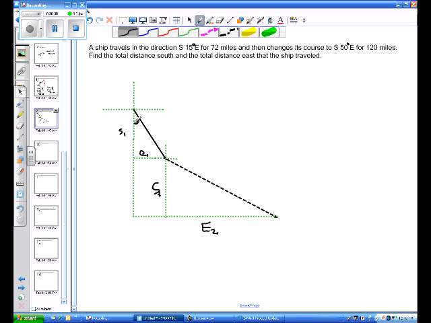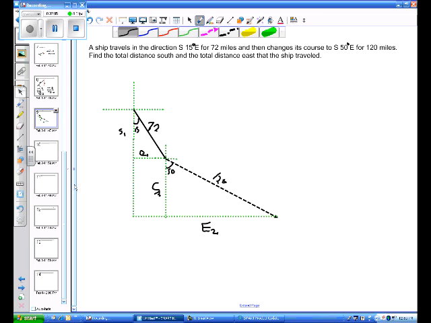Now for this one, we know that this angle was 15 and this was 72. For this triangle, we know that this angle was 50 degrees and this distance was 120.